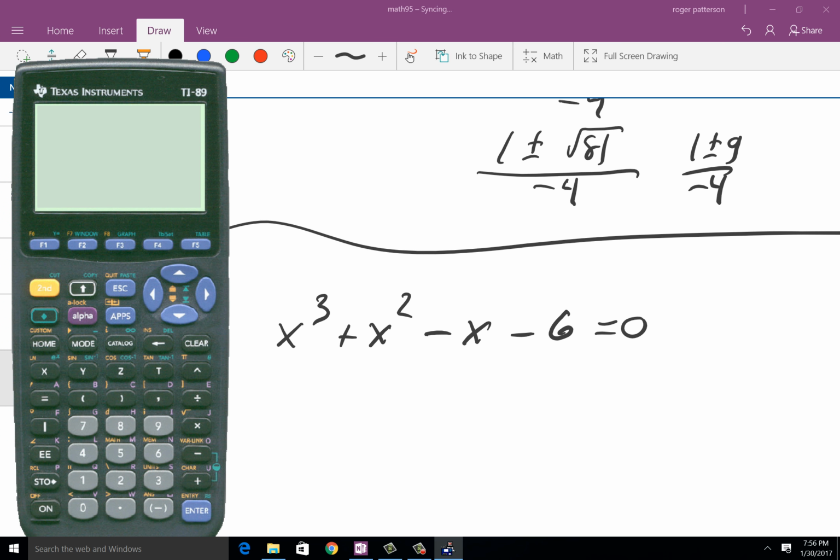And then x minus 15. And then x minus 17. That's not too bad. That looks pretty good. Looks pretty good.